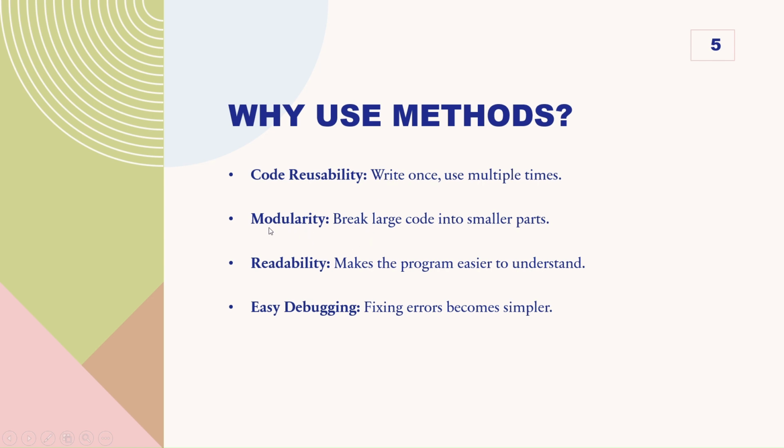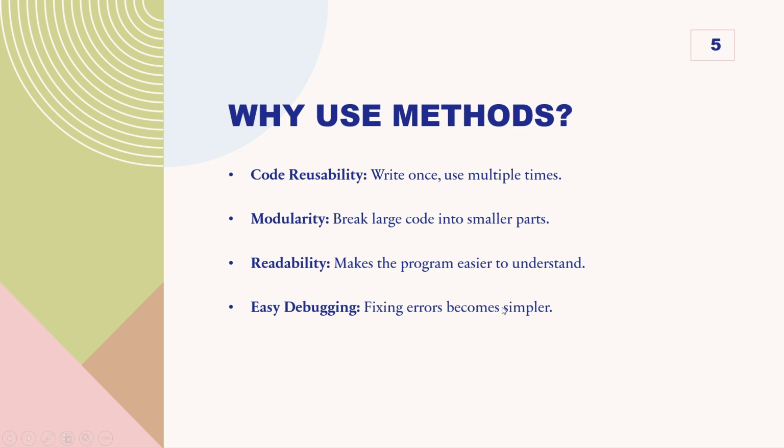It also comes with modularity: breaking large code into smaller parts. You can break the code into smaller parts to easily understand what is happening in your methods. There is also readability, which makes the program easier to understand and easier to debug.